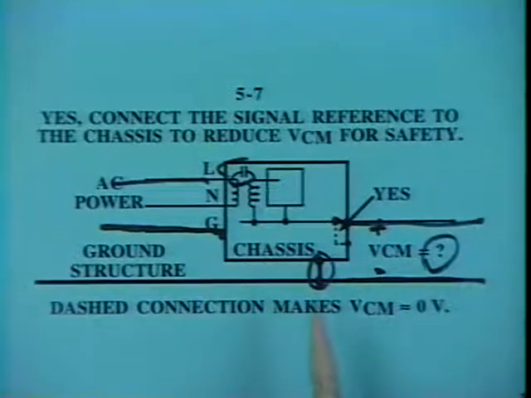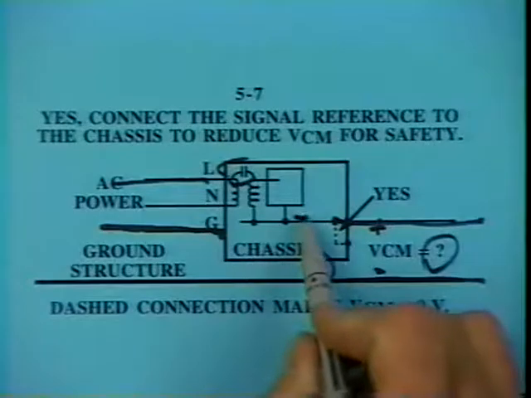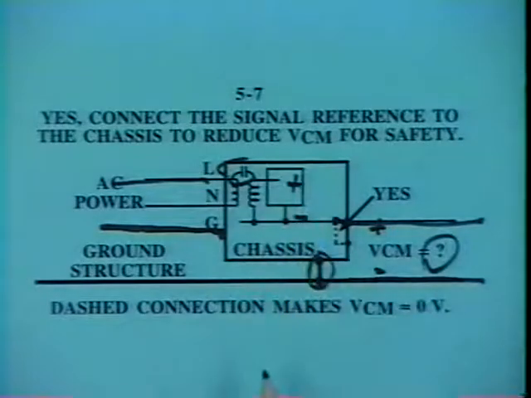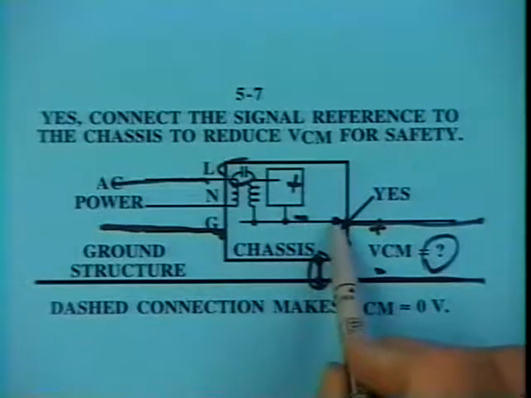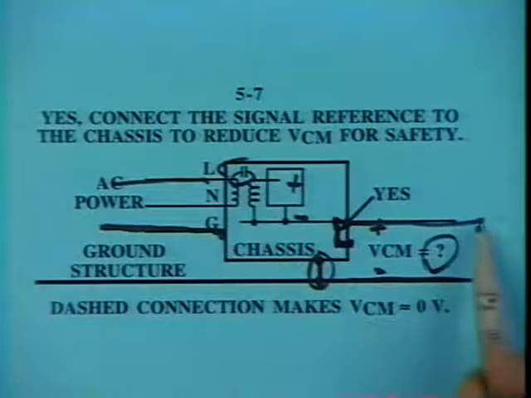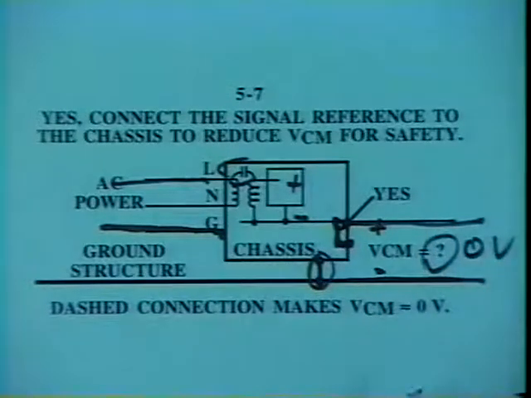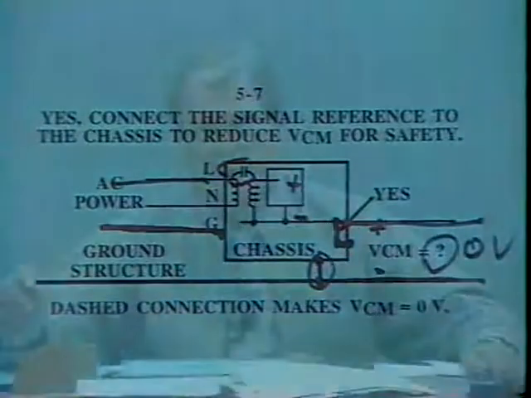If we take one side of our circuit, and usually we take the negative side of the power supply, but it could just as well, I guess, be the positive side, and directly bond that to the metal housing, then the voltage between at least the negative wire and the housing would be approximately 0 volts. So this is the reason why a lot of people will tie an internal signal reference, the negative side of a power supply, say, to the external metal housing.